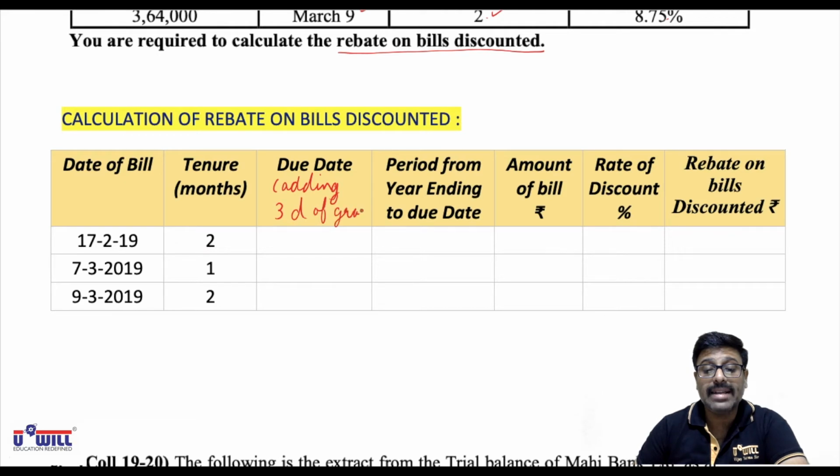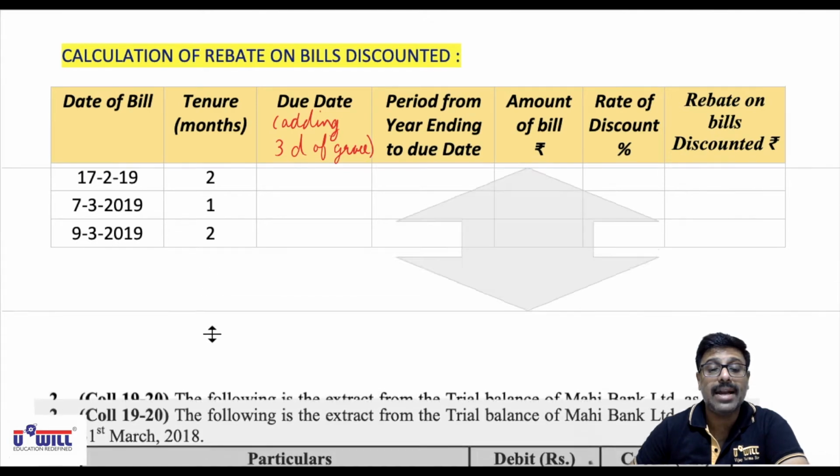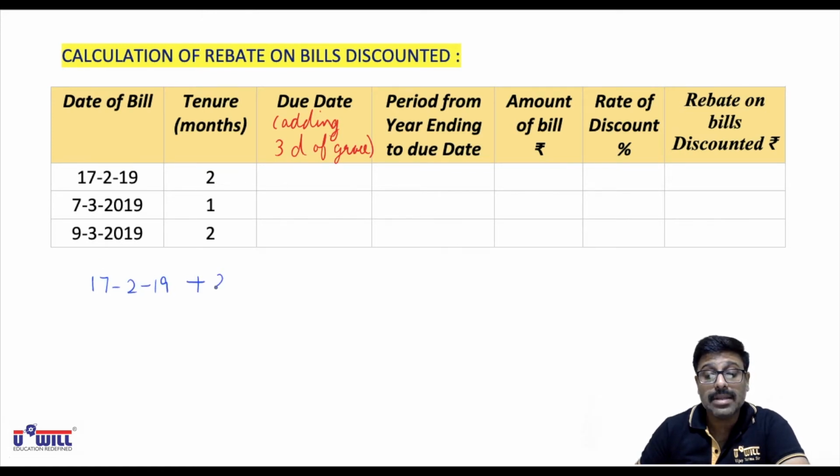So how will we find that? For 17th February, I am showing the first calculation, and then the others you must be able to do directly. All the workings are not to be shown. So 17th February 2019 plus 2 months plus 3 days of grace.